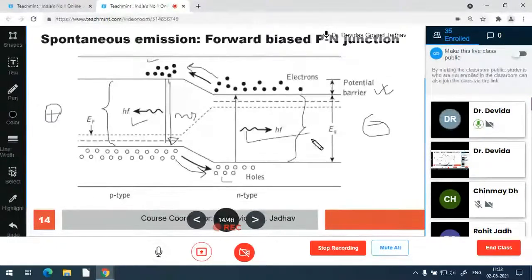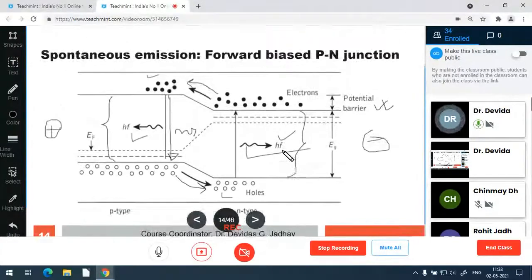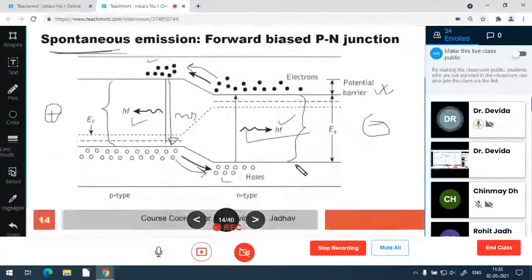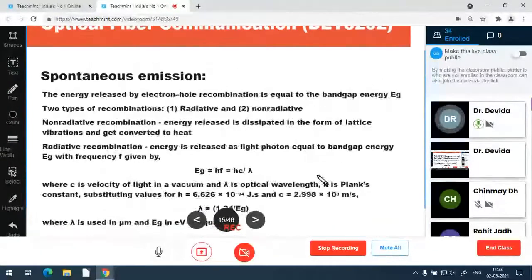So the photons have the same frequency and same wavelength. That's why it is a monochromatic source. But they are continuously and randomly emitted, and spontaneously recombined. That's why they are not directional or in phase. So they are incoherent. This is observed in an LED.